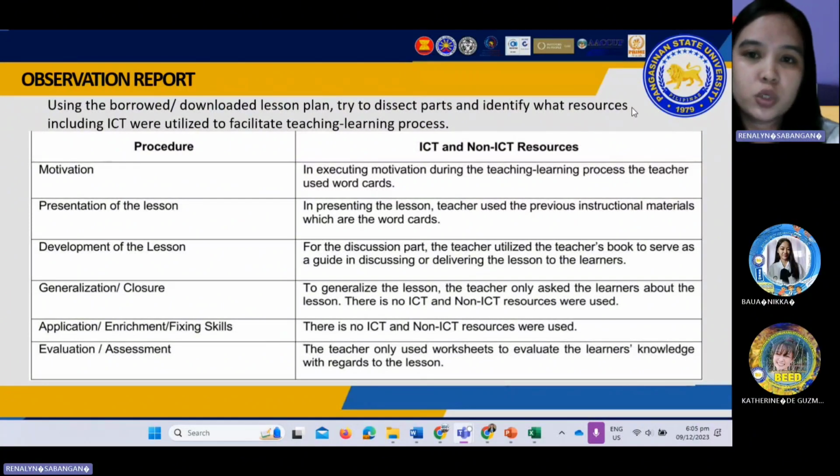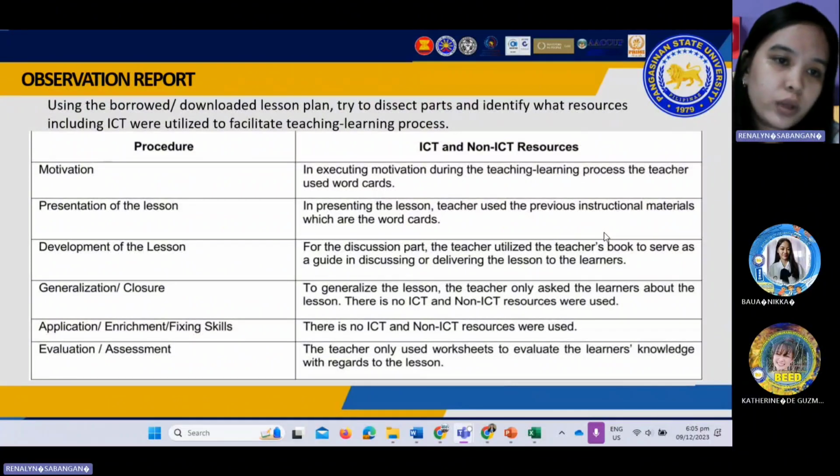For our procedure, we have motivation. In executing motivation during the teaching learning process, the teacher used word cards. Next, for the presentation of the lesson, the teacher used the previous instructional materials, which are the word cards.